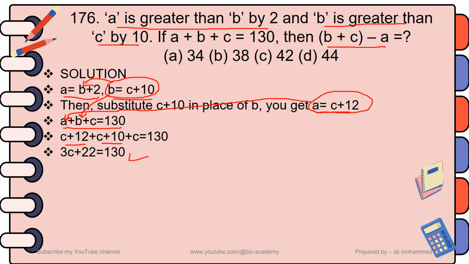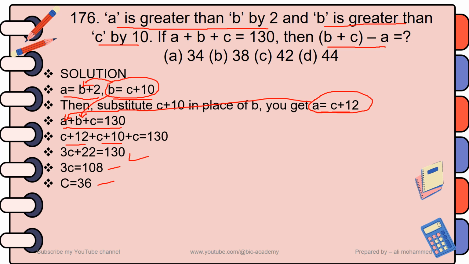And again, you can shift 22 to the other side, and 3C is equal to 130 minus 22, or 3C is equal to 108. Again, divide both sides by 3. You get the value of C, and C is equal to 36.